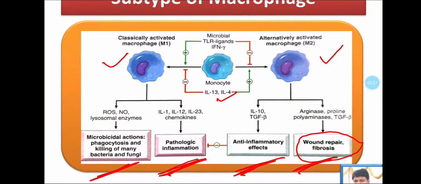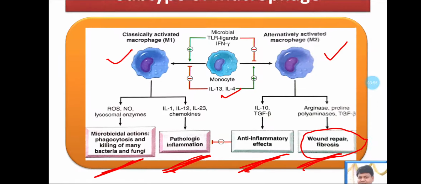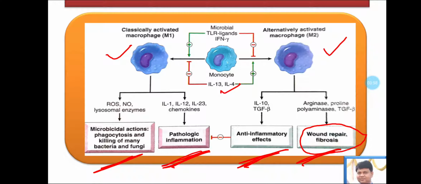If we go through the subtypes of these macrophages, macrophages are basically subtyped into 2 categories depending on the stimulation of the monocytes. If the monocytes are stimulated by the microbial ligands or interferon gamma, they will be modified into the classical activated macrophage, also called M1 macrophage, and they release various types of chemical mediators and are mainly concerned with the inflammation.